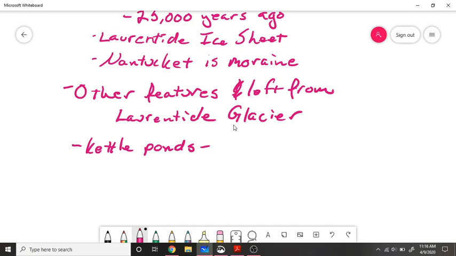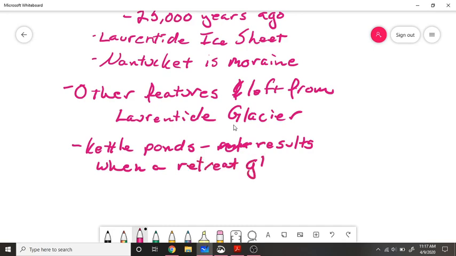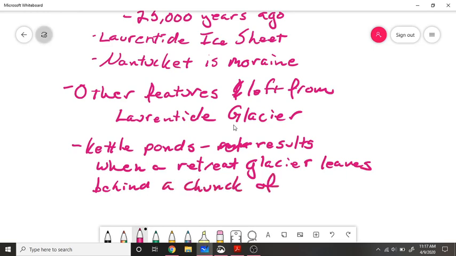So a kettle pond, can't spell this morning. When a retreating glacier leaves behind a chunk of ice, as that ice melts, it creates a lake.